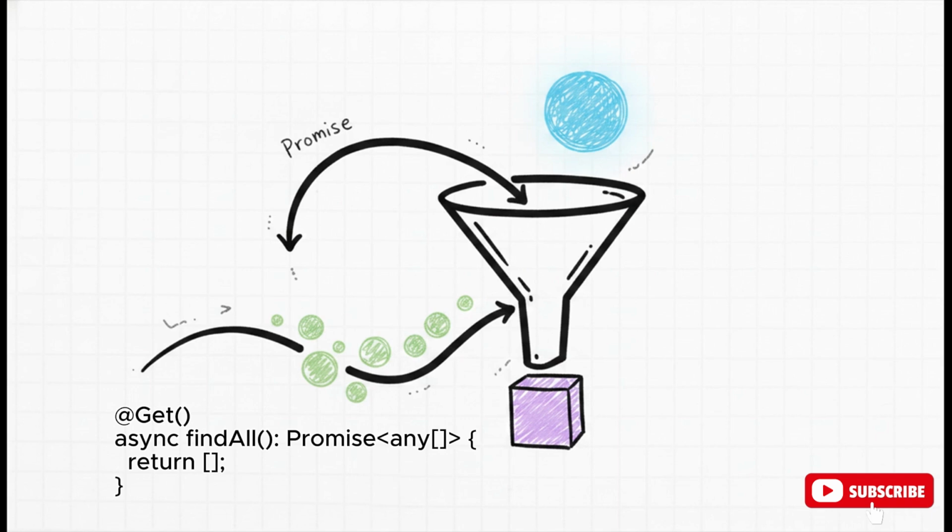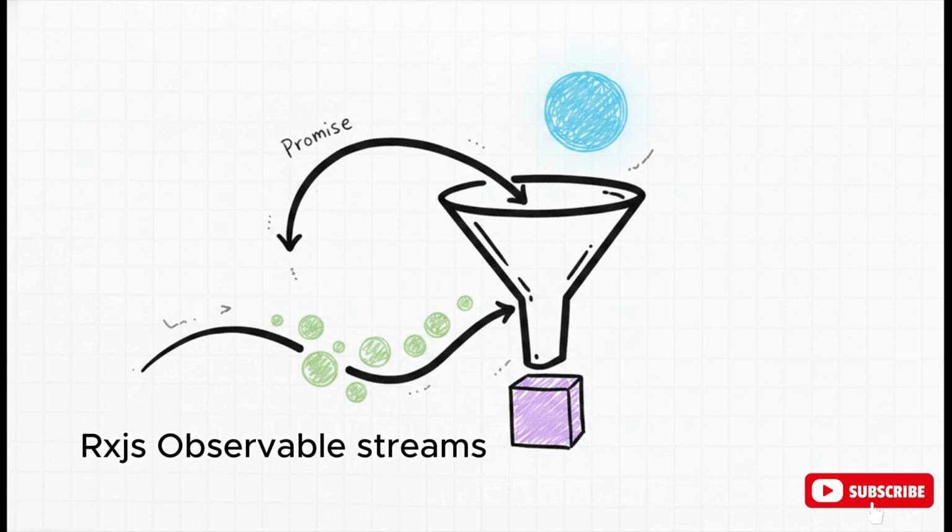But Nest takes it a step further. It also natively supports RxJS Observable streams. If your route handler returns an observable, Nest will internally handle the subscription, wait for the stream to complete, and automatically resolve the final emitted value. You have the ultimate flexibility to choose whichever async pattern best fits your architectural needs.